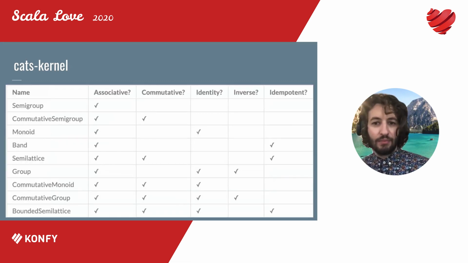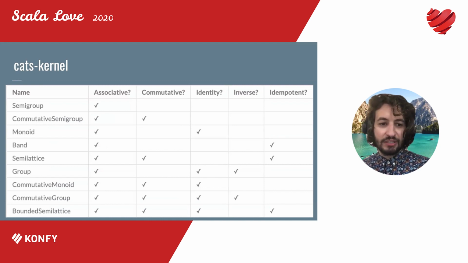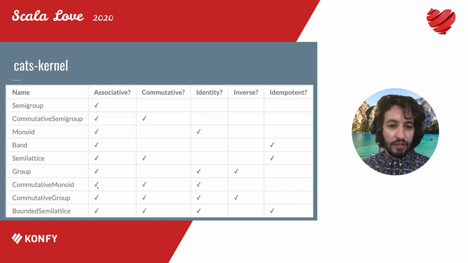So we have this diagram right here, and basically, if you want to know what a structure is, you can just look, oh okay, a commutative monoid right here is just a monoid that has to be commutative, and that's probably fairly obvious from the name. But something like a semigroup is just a monoid without the identity.